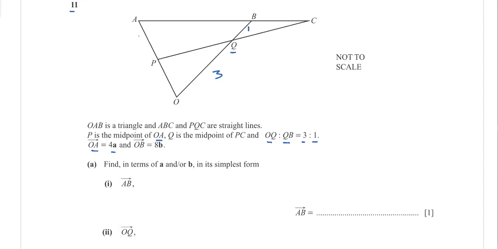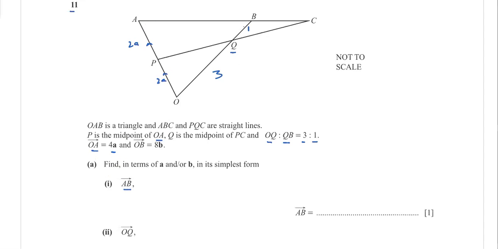OA is equal to 4A. This OA is 4A. It means this one is 2A. This one is also 2A. And OB is 8B. Find AB in terms of A and B in the simplest form.